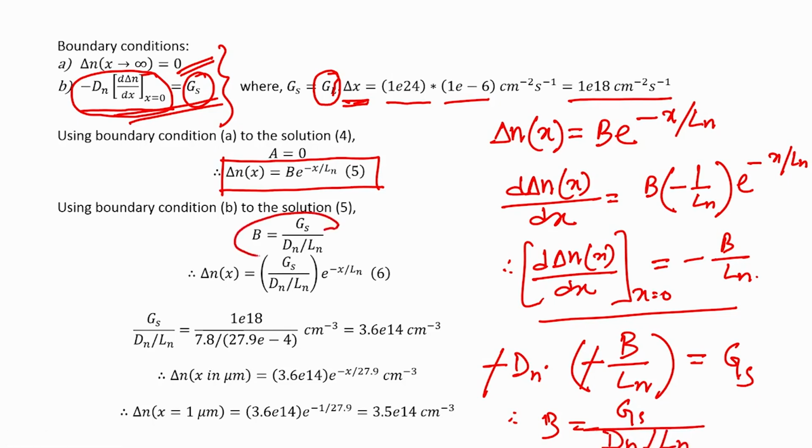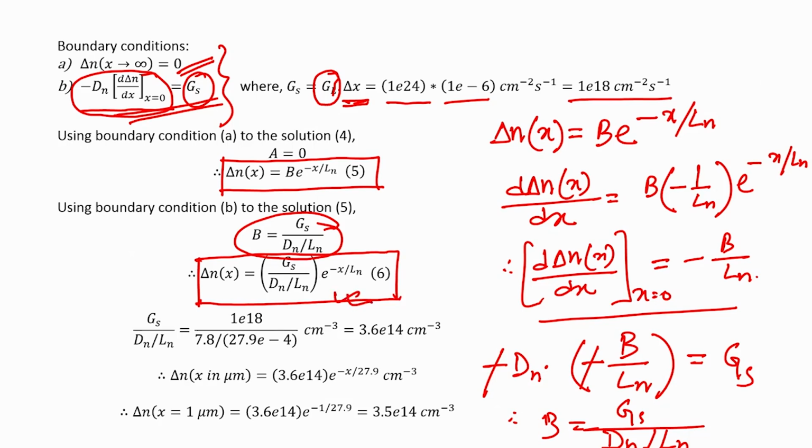So, that is what B comes out as under the second boundary condition. Now we get the excess carrier concentration profile, that is the spatial distribution of the excess electron concentration, given by this expression.